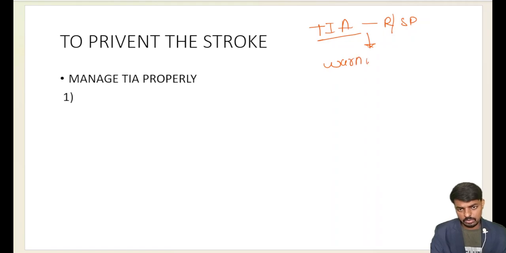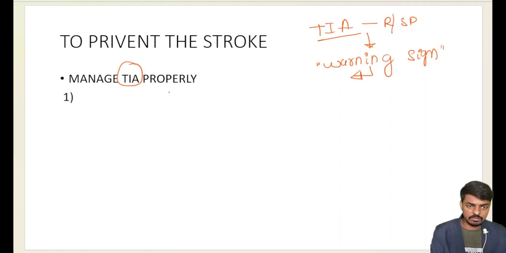This is our warning sign. If the stroke occurs, it is very difficult, so when the warning sign comes, at that point we take precautionary measures. To prevent the stroke, manage the transient ischemic attack properly.